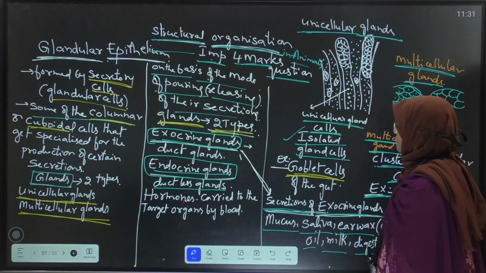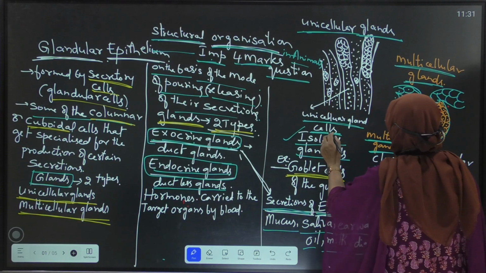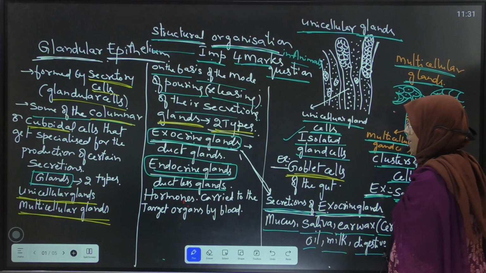Okay. This is about the exocrine, endocrine glands and unicellular and multicellular glands.